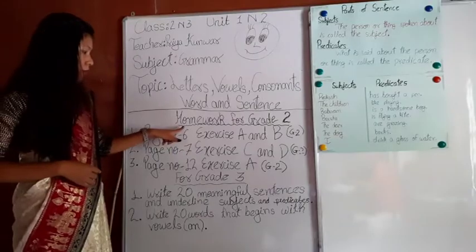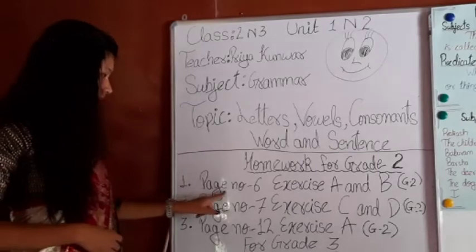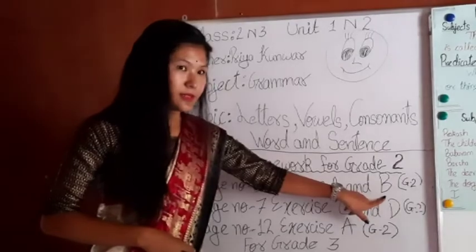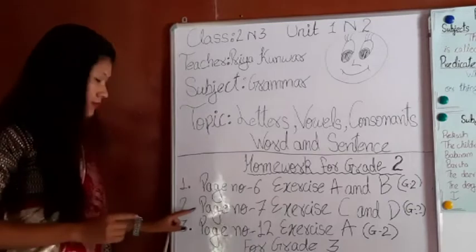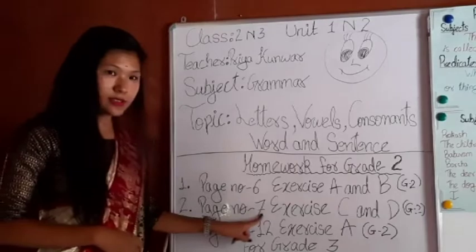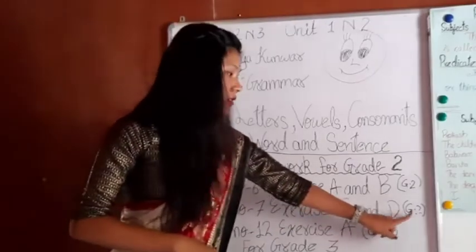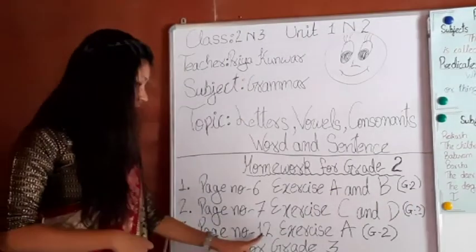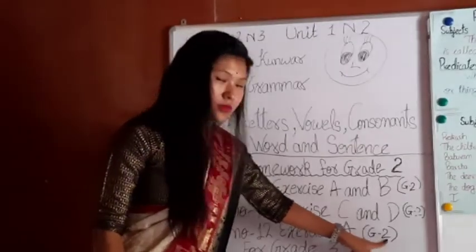Homework for grade 2: one, go to page number 6, exercise A and B, of your grammar book. Two, go to page number 7, exercise C and D. And three, go to page number 12, exercise A. These are for grade 2 only.